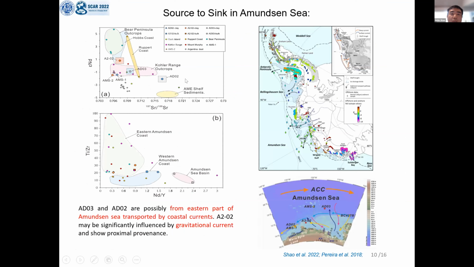The three samples in Amazon Sea show distinct chemical composition, and for the neodymium isotopic composition, this side, the A2O2 side, the side is here, and we can see that the values of epsilon neodymium is very close to the coastal region.